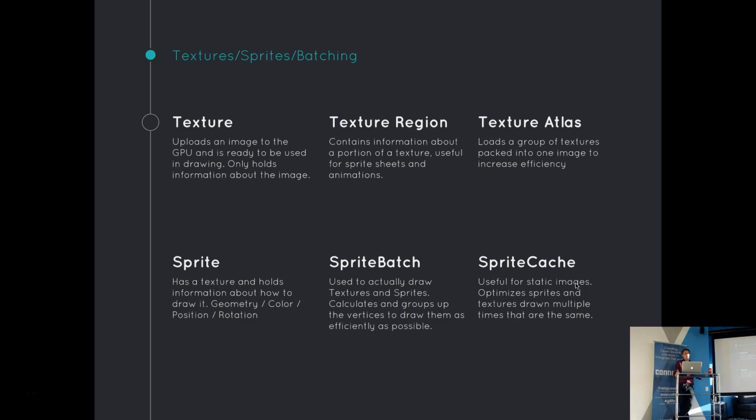Then there's the sprite batch. The sprite batch is like the 2D renderer for LibGDX. You have to use it to draw textures or sprites, unless you go with your own OpenGL implementation.